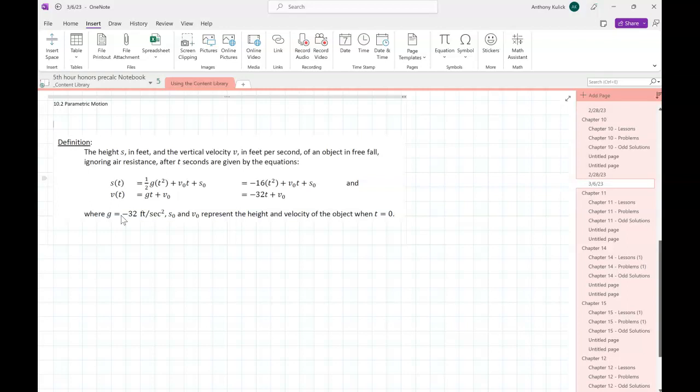The greater the elevation, the lesser gravity is. You might have guessed this since you go up in the air and eventually gravity stops, right? s naught and v naught represent the initial height and velocity of the object, so the velocity and position where the object is at time 0.